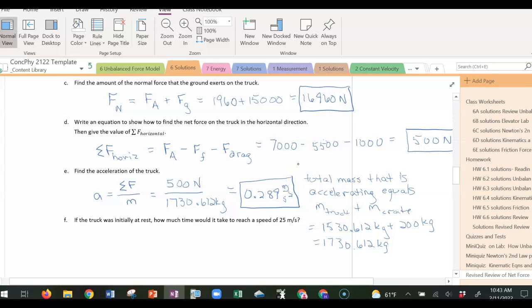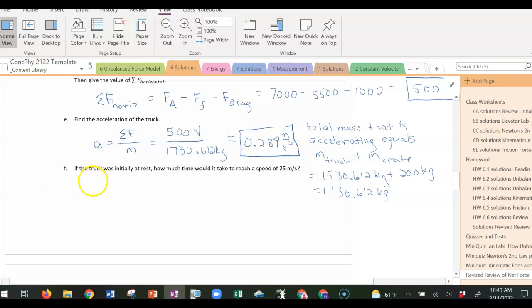Okay. Then it asked me, if the truck was initially at rest, how much time would it take to reach a speed of 25 meters per second? Okay, this sounds like a kinematic equation. It's asking me to find time given the initial and final velocity.